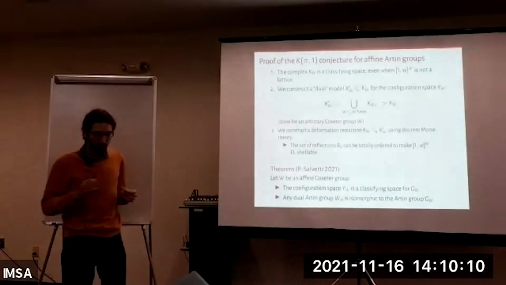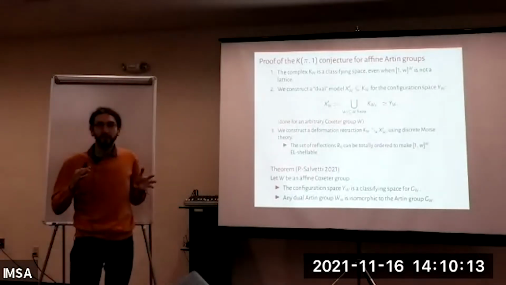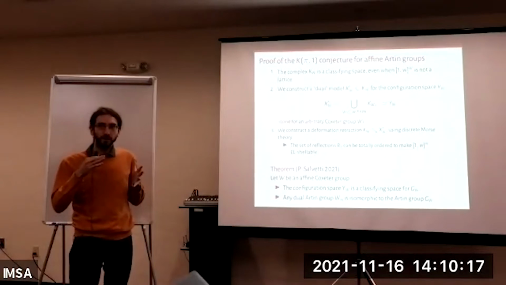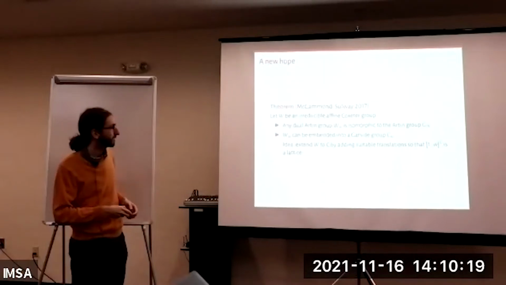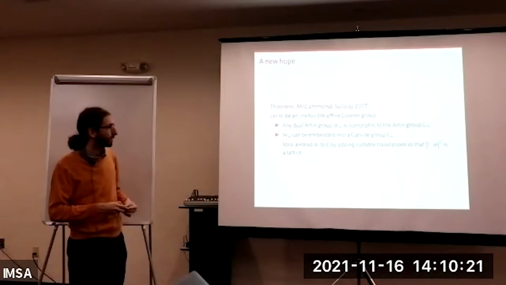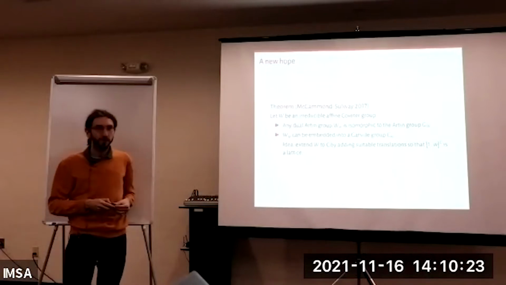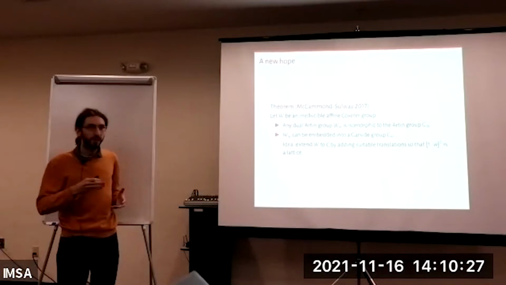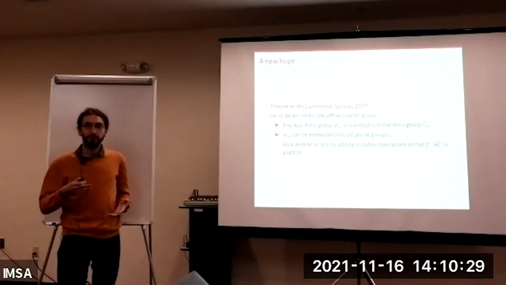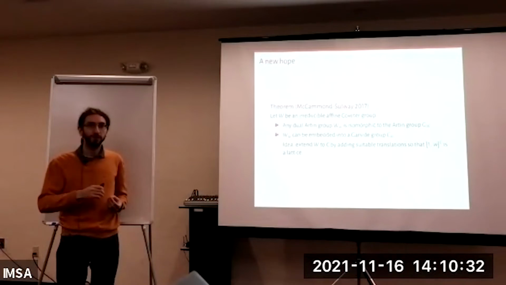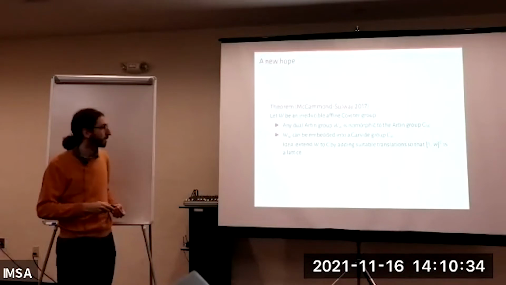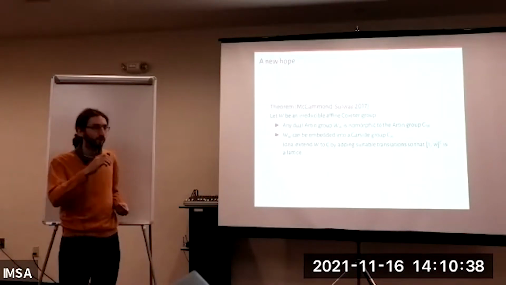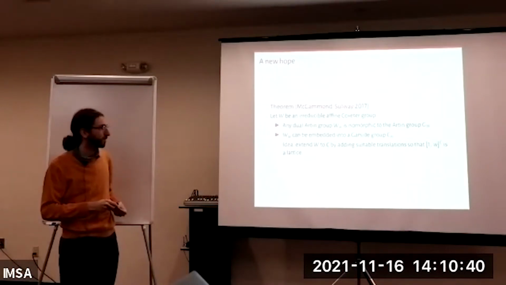This is now already a significant step forward, because before, the construction as we saw yesterday already gives you a finite dimensional classifying space for affine Artin groups, because they embed into a Garside group CW.